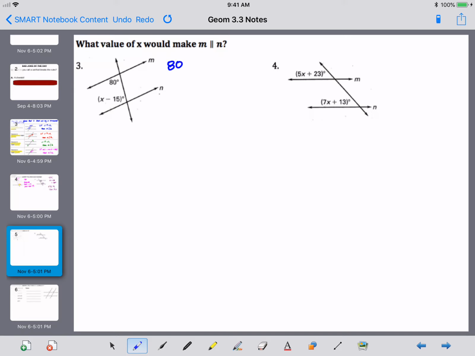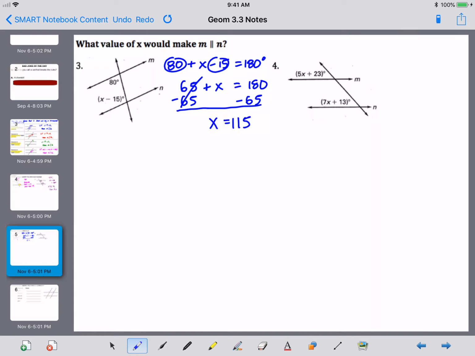We're going to add 80 plus x minus 15, and that has to equal 180 degrees. So let's combine like terms. We end up with 65 plus x equals 180. We need to subtract that 65 from both sides, which is going to give us x is 115. And once we have x by itself, we are done.